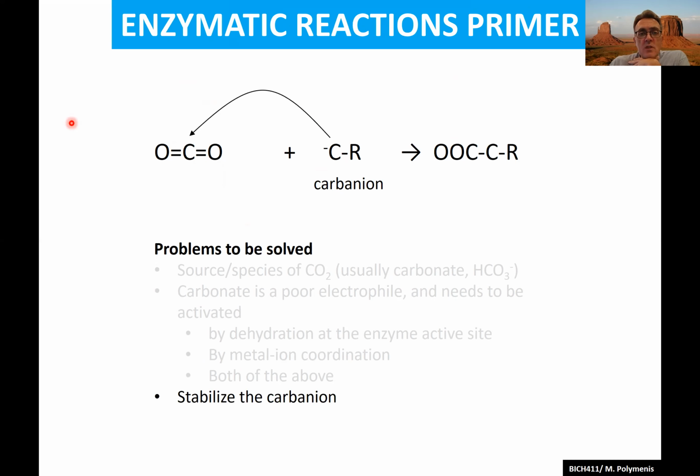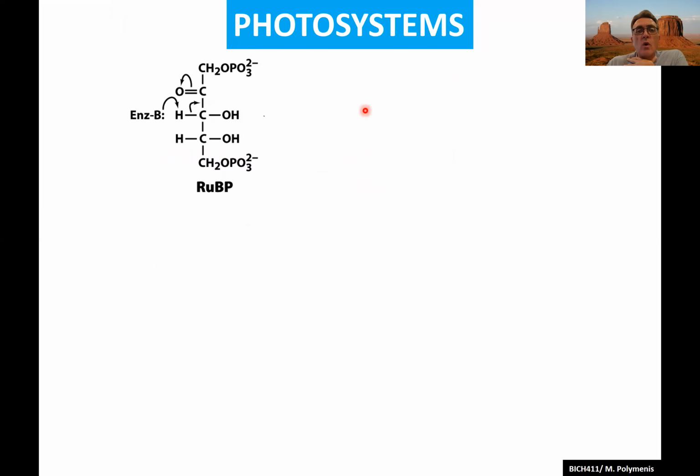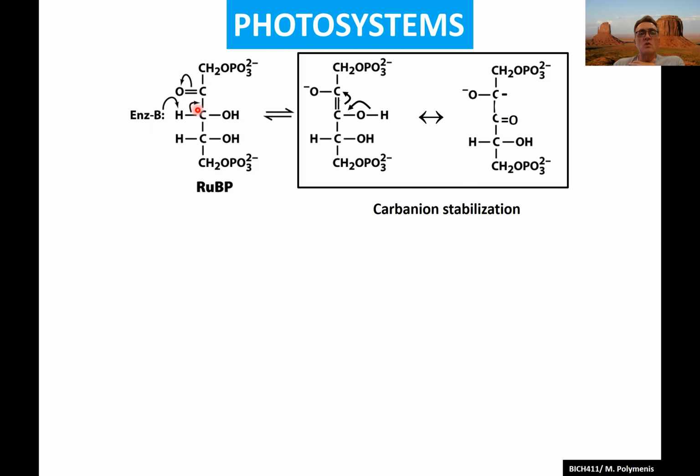And the last problem is to stabilize the carbanion. So how does it get stabilized? We've seen the mechanism before too. It's a keto-enol tautomerization. So this is the substrate, RuBP, ribulose 1,5-bisphosphate, and it looks like this. Exactly as you see here, you're going to make the intermediate.